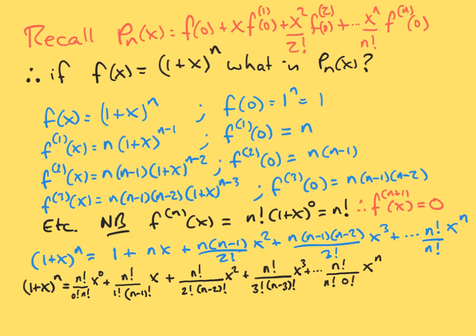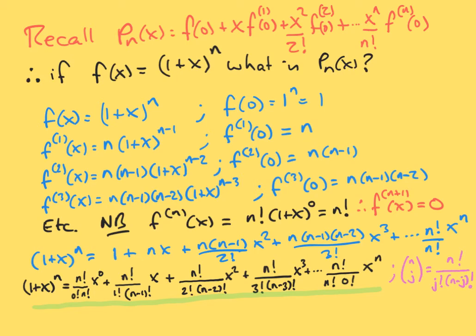And this we recognize as the binomial expansion of 1 plus x all to the power of n, because we remember the definition of the binomial coefficients, and the binomial coefficients choose j from n are n factorial divided by j factorial and also divided by n minus j factorial.